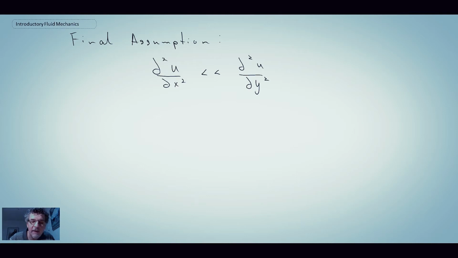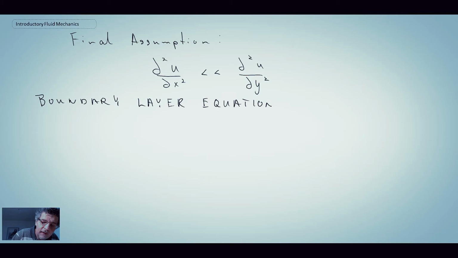So with these assumptions and approximations and the pressure field brought in, we can then arrive finally at the boundary layer equations. Again, this is not really a very rigorous derivation of them. There are more rigorous ways of doing it. This is kind of a hand-waving approach, but we get to the same spot in the end anyways.